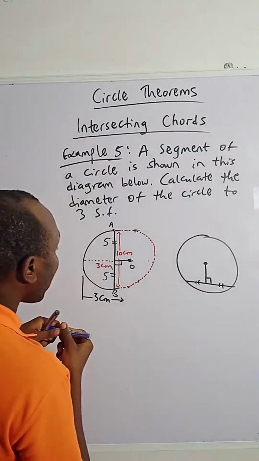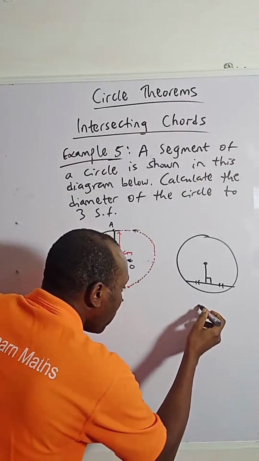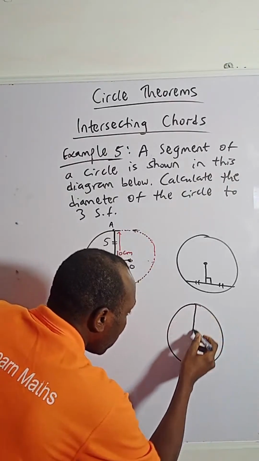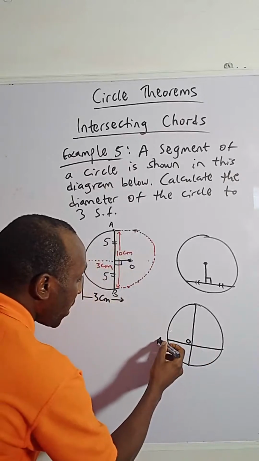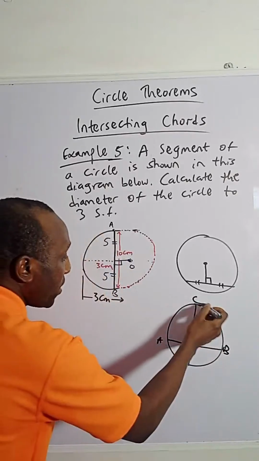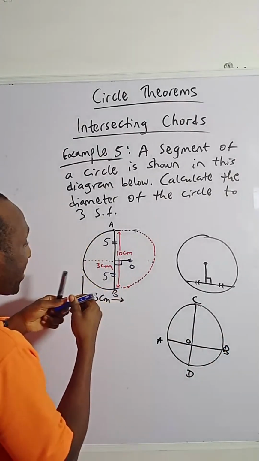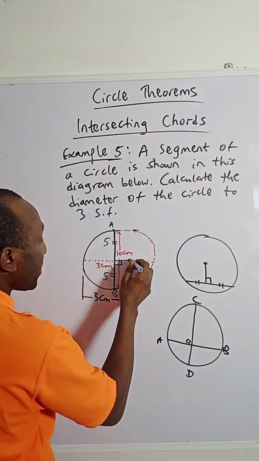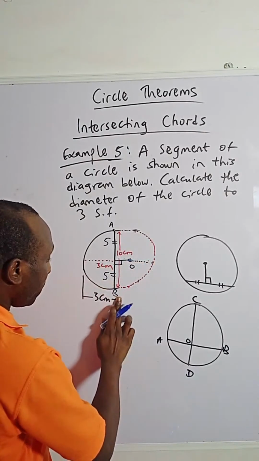What am I going to do next? Still using that intersecting chord theorem, where you have this: if this is point O and you have AB, you have CD. So that's what we're going to do here. Let us extend this line. This is the center, all right. So let's extend it here.